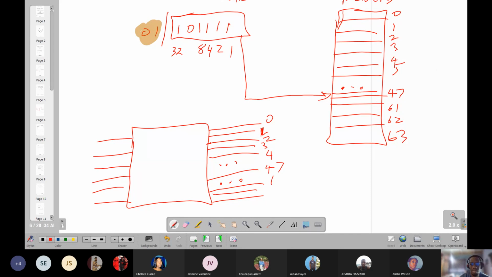This is 47. This is 61, 62, 63. So if my decoder has the value 101111 placed into it, line 47 is going to be asserted. And that's how a decoder works. You all follow me here?